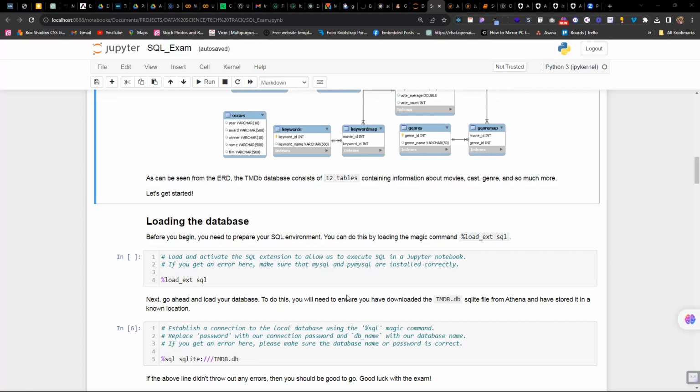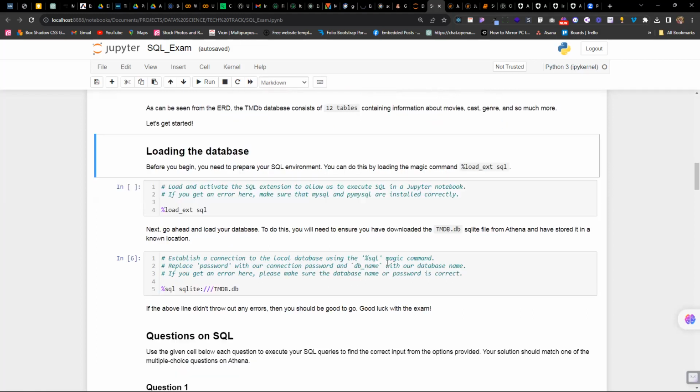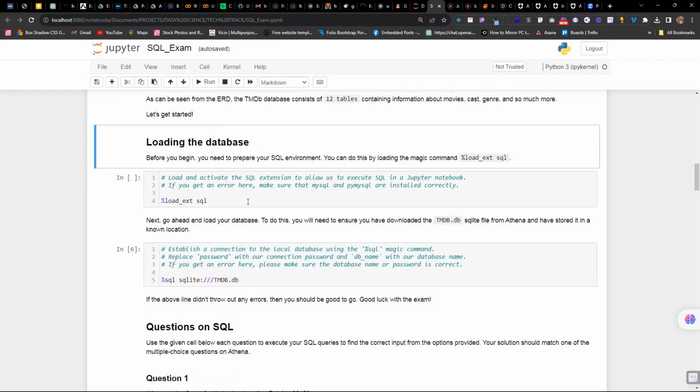Okay, so now reading through the questions. Before you begin, you need to prepare your SQL environment. You can do this by loading the magic command, which we all know how to do, which is this one here. Then just run through that.